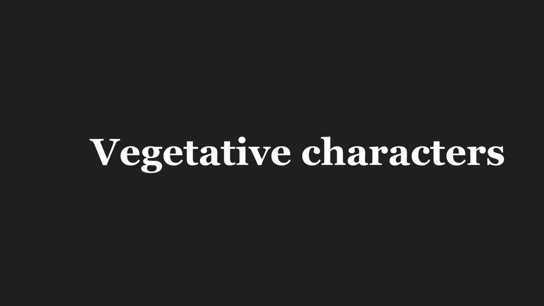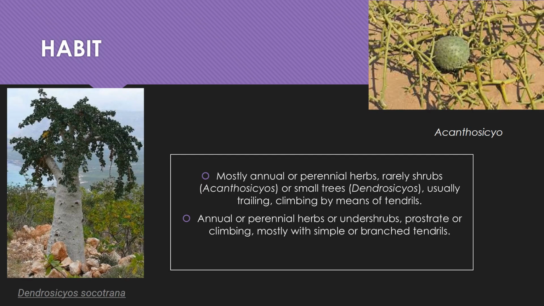Now let's discuss the morphological characters of the family, starting with the vegetative characters. Habit-wise, mostly they are annual or perennial herbs, rarely shrubs, like in Acanthosicyos, or a small tree like Dendrosicyos. Usually trailing, climbing by means of tendrils.